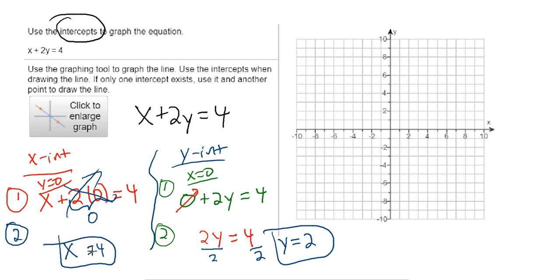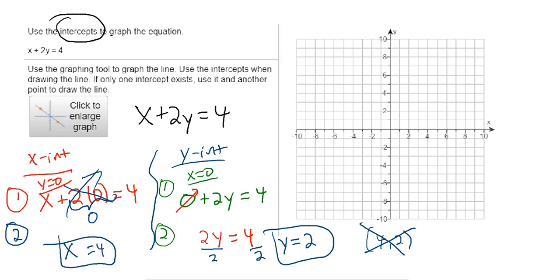They see this x on the left-hand side and this y on the right-hand side, and they think, well, x's and y's go together, so that means I have 4, 2. Right? I have this x and this y, that gives me the point 4, 2. And that is a mistake. That is totally incorrect. So this line does not have a point at 4, 2.